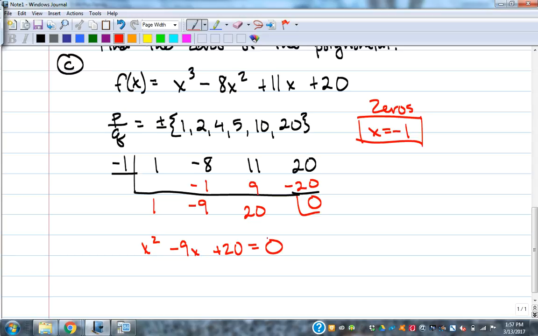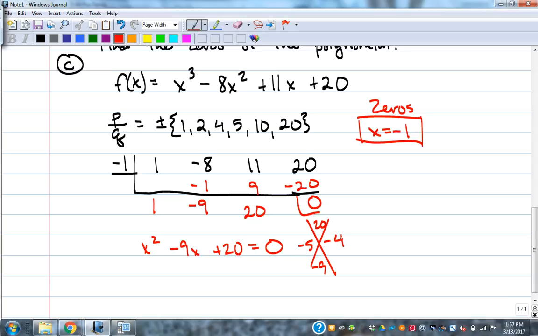What are my options for solving a quadratic? Factoring, that's a great method. What's another option? Quadratic formula, x equals -b plus minus. That still works here. Once you've broken it down to a quadratic, you get all those options. Let's see if this one will factor, because I like factoring better than the quadratic formula, if it works. So multiply to be 20, add to be -9. -5, -4.